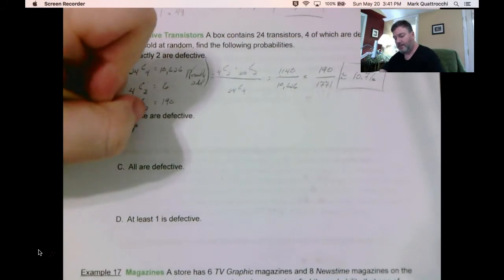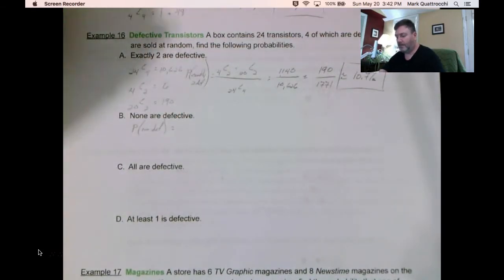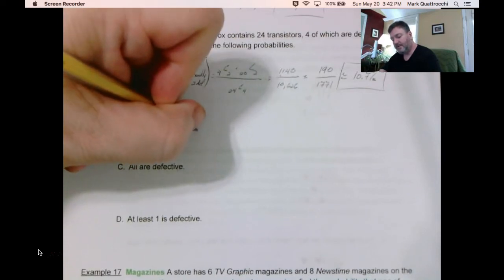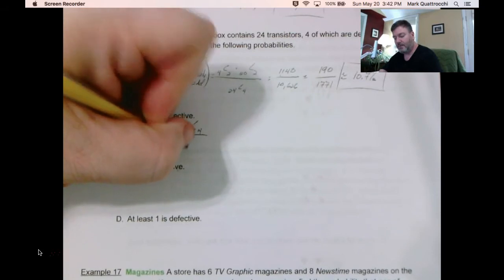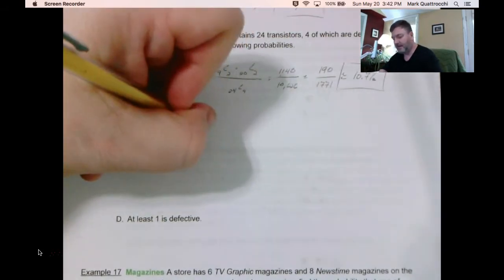All right, probability no defective. So there are 20 non-defectives. We're choosing 4 of them. Out of the 24 choose 4 possibilities altogether.